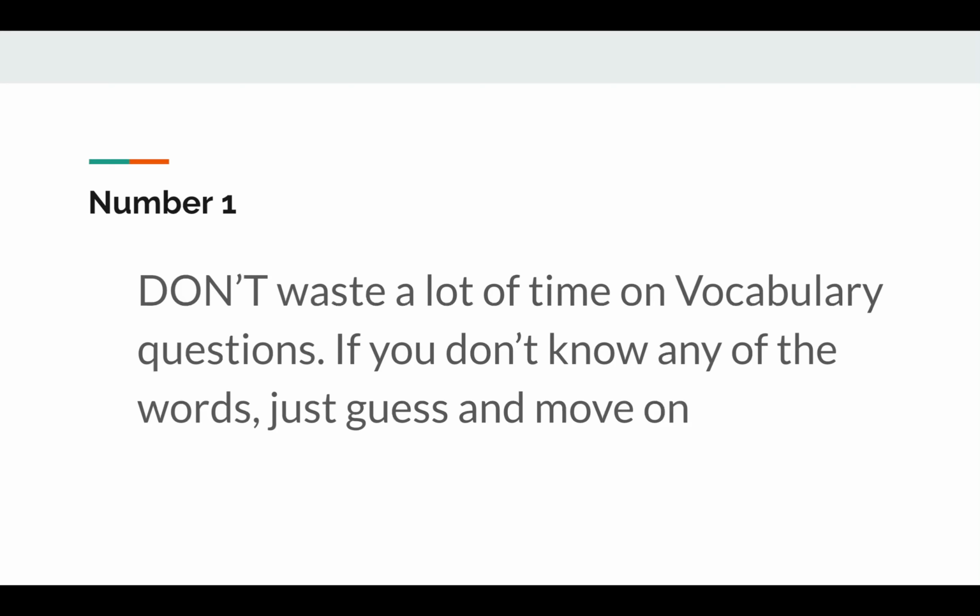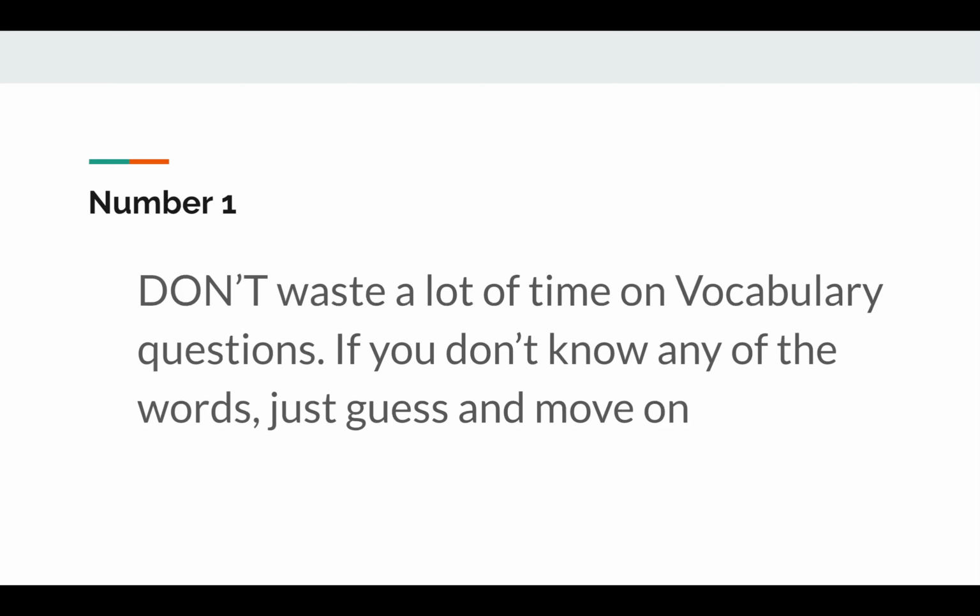A mistake I noticed a lot of people doing is if they don't know the word, they just sit and blindly look at the question, trying to remember the meaning of the word or trying to come up with a meaning, which is a waste of time. So if you have A, B, C, and D, and you eliminated A and D and you have B and C, and you can't pick between the two because you don't know the definition of either of them, just make a guess.